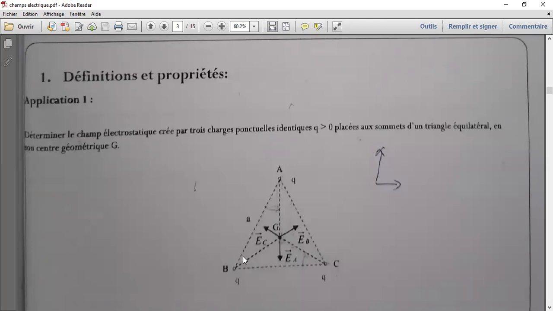So you are creating a triangle which has a distance which is A, and a distance which you don't know. So this distance, you cut it in two.